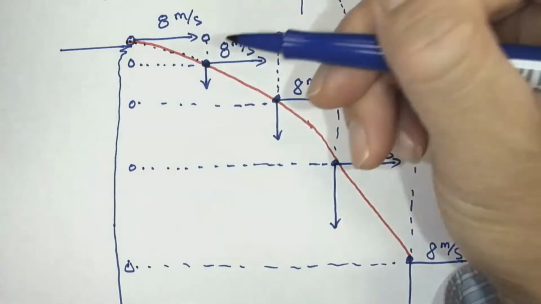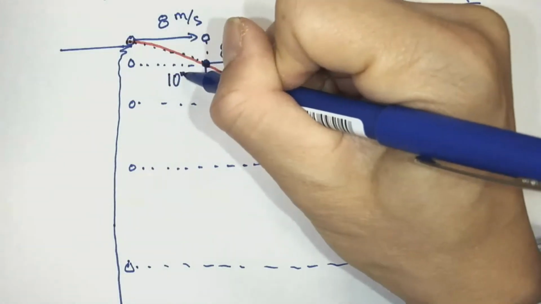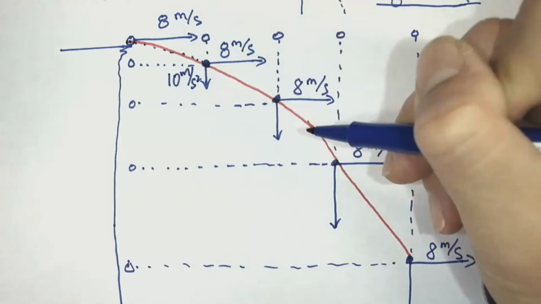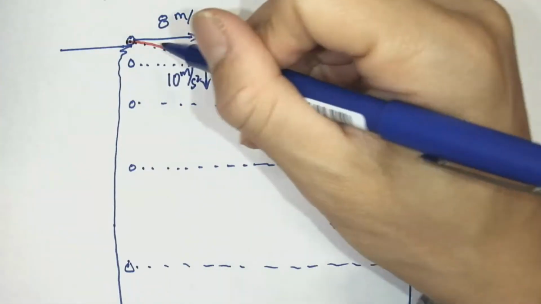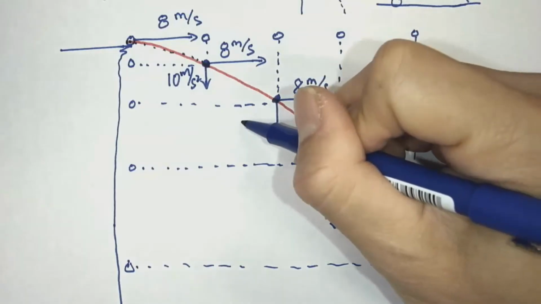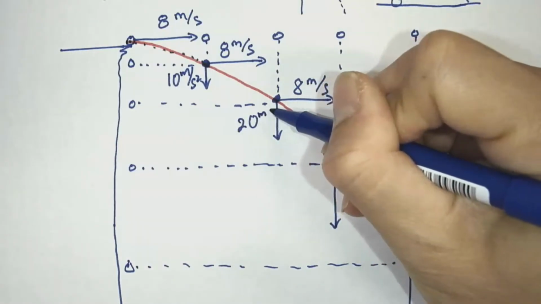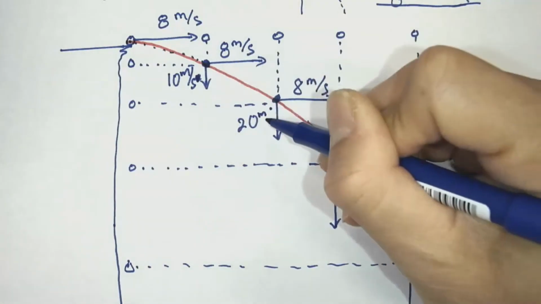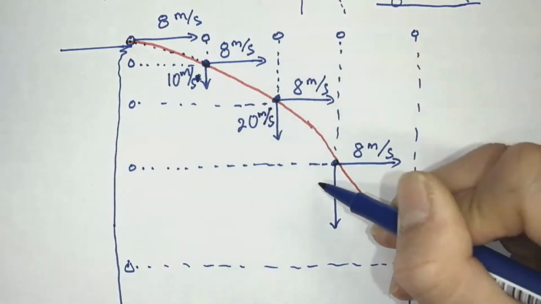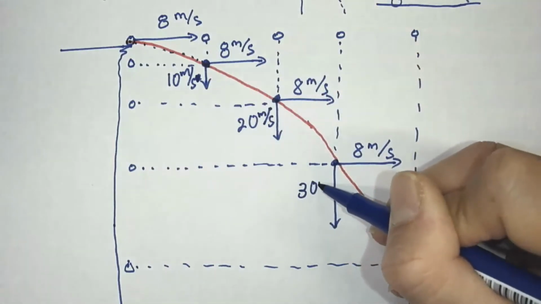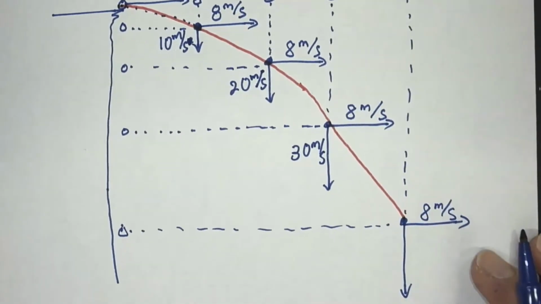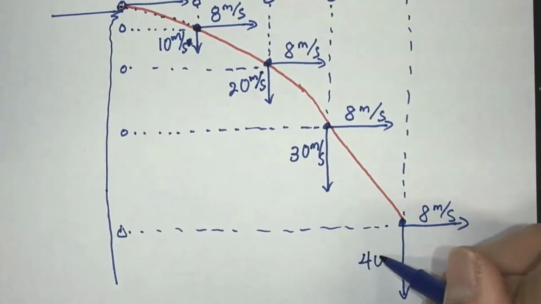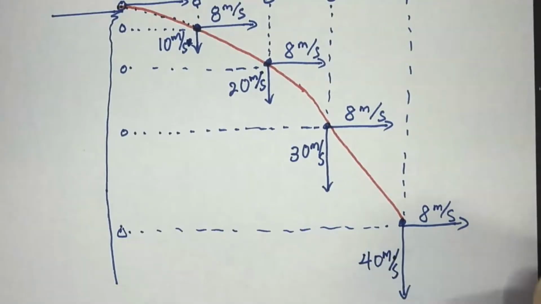So every second it's going to increase its speed by 10 meters per second. So this is 1 second after it's thrown off the cliff. This would be 2 seconds, at which it would have a vertical speed of 20 meters per second. At 3 seconds, it'll have a vertical speed of 30 meters per second. At 4 seconds, we'll have a vertical speed of 40 meters per second.